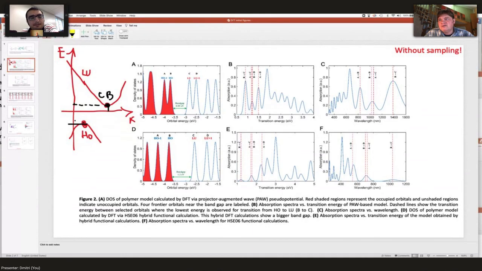And the values of k points do not need to coincide.